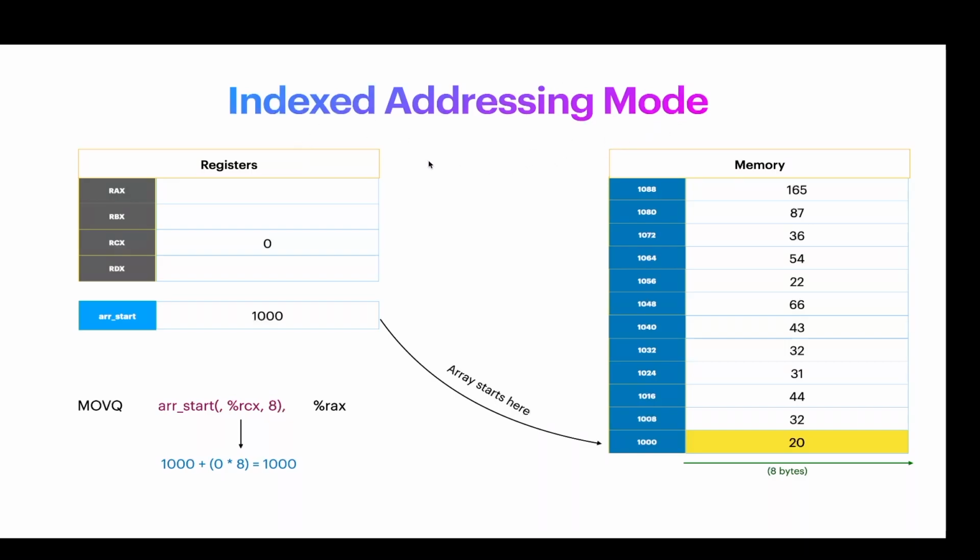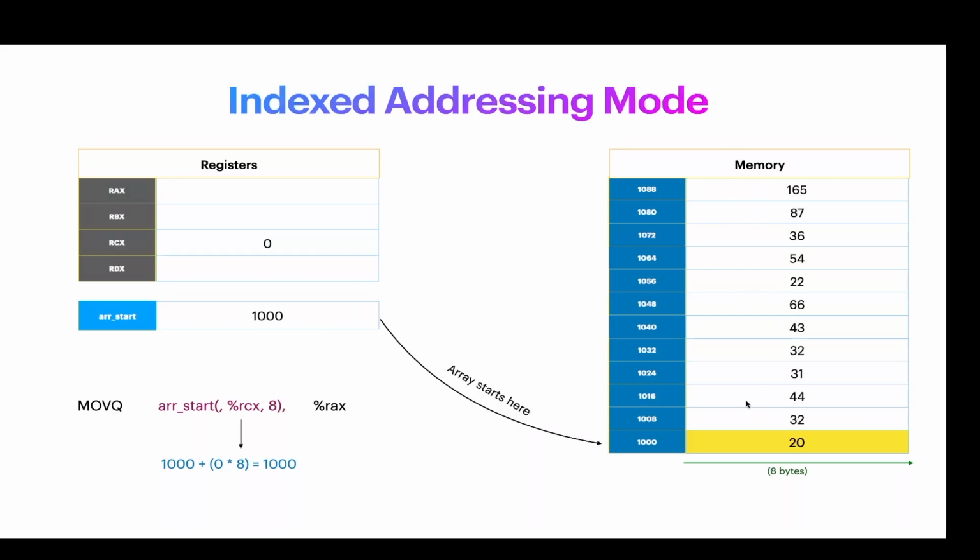this indexed addressing mode. To see how this indexed addressing mode works, let's look into the assumptions that we have. Here are the registers that we'll be operating on. So we have RAX, RCX, RDX. RCX currently holds 0. ARR_START is a variable. You can define variables in assembly as well. This variable currently holds 1000 as the data.